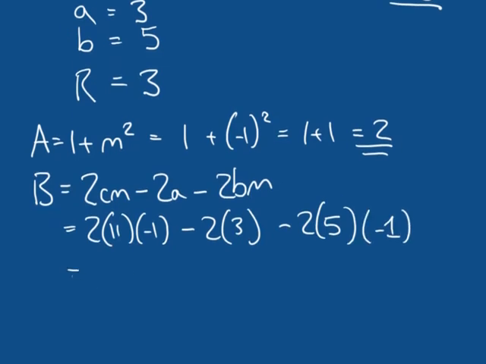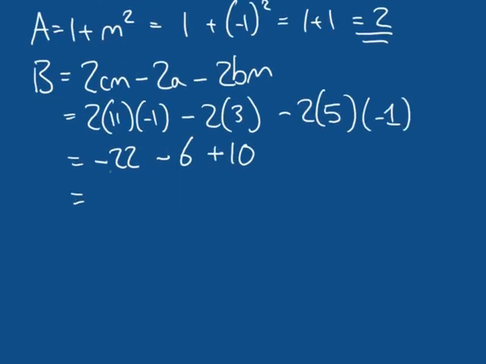So that's going to be equal to 2 times 11 is 22, times minus 1 is minus 22. 2 times 3 is 6, so minus 6. 2 times 5 is 10, times minus 1 is minus 10, times another minus is plus 10. So that's equal to minus 22 minus 6 is minus 28, plus 10 is minus 18. So B is equal to minus 18.